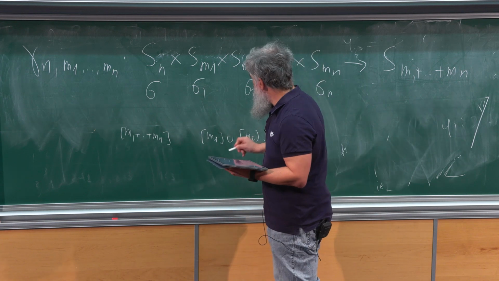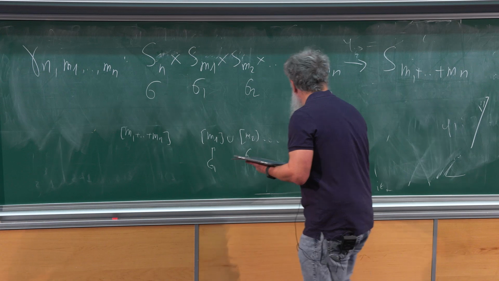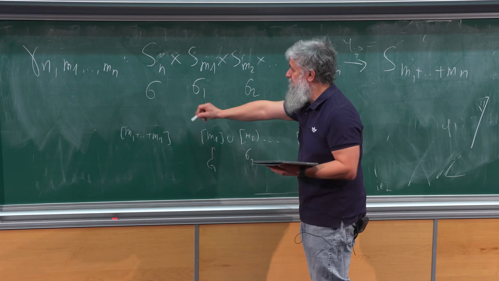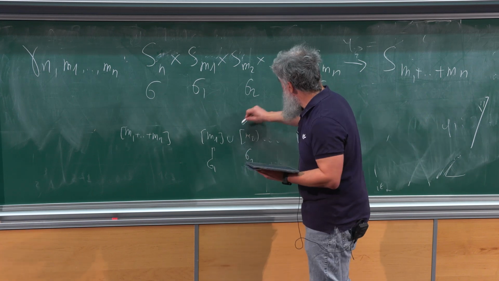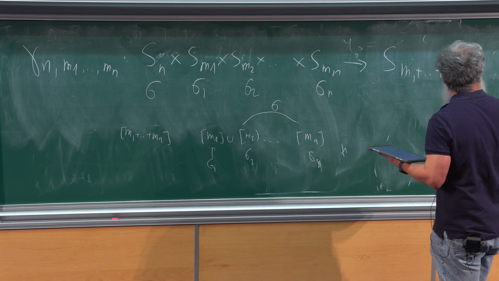On each block, we act by the permutation sigma 1, sigma 2, sigma n. And then we permute the blocks following the permutation sigma.